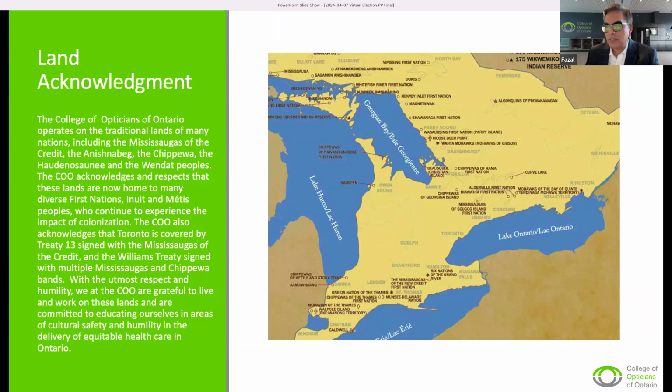The college also acknowledges that Toronto is covered by Treaty 13 signed with the Mississaugas of the Credit and the Williams Treaty signed with multiple Mississaugas and Chippewa bands. With the utmost respect and humility, we at the college are grateful to live and work on these lands and are committed to educating ourselves in areas of cultural safety and humility in the delivery of equitable healthcare in Ontario.